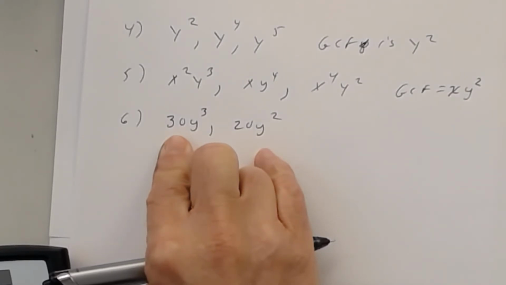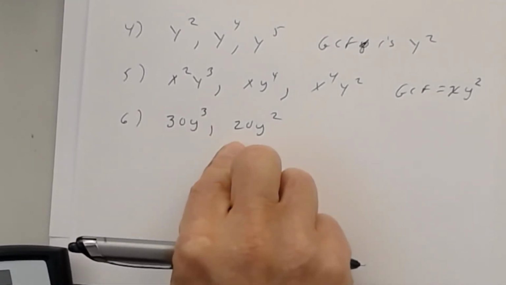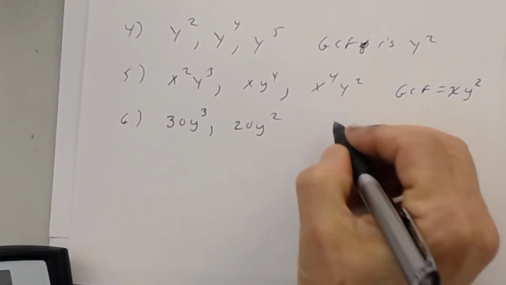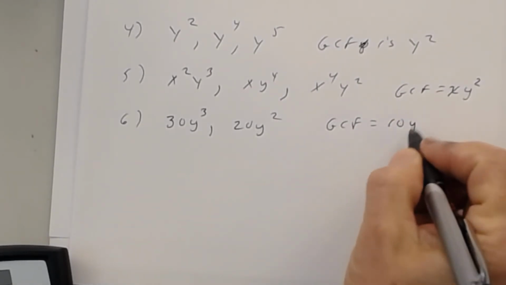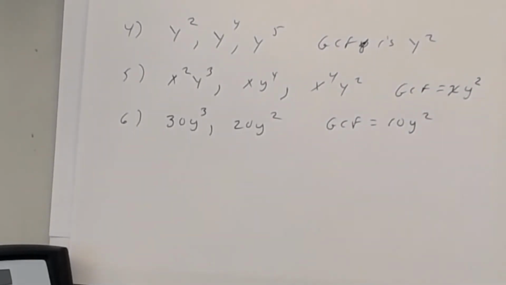Not 5. 10 goes into 30 and 10 goes into 20. So my GCF is going to be 10, and then the variable y squared. Those of you that said 5, I'm hoping you realize that was not correct. 10 is the greatest common factor of 30 and 20.